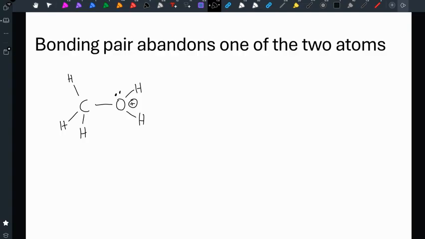One thing you might imagine in this scenario is oxygen. Oxygen's very electronegative. It's been kind, sharing this pair of electrons with carbon. But you might imagine oxygen deciding at some point, no, I'm going to be selfish. I'm going to pull these electrons back. So it might say, I don't want to share anymore.